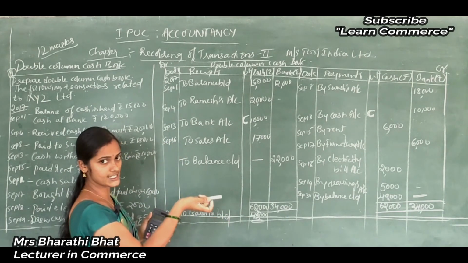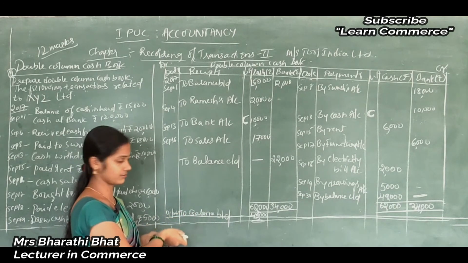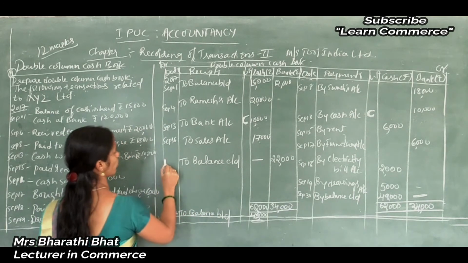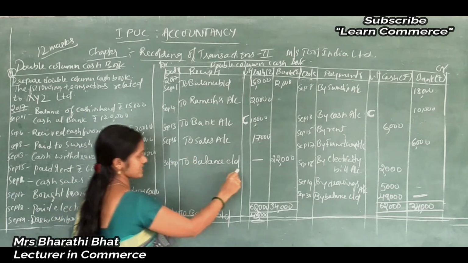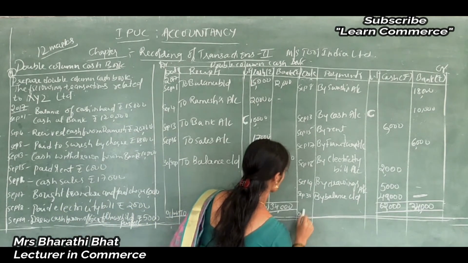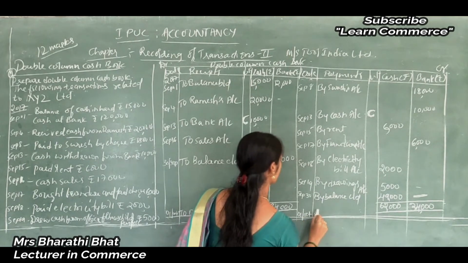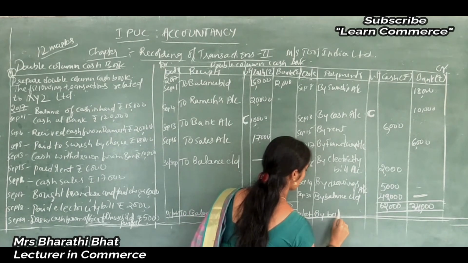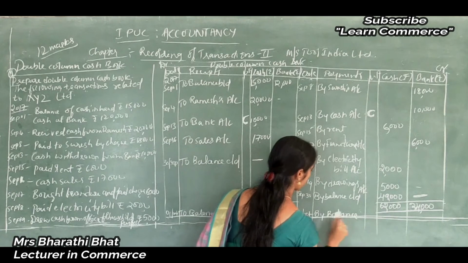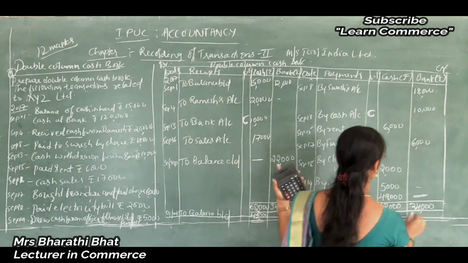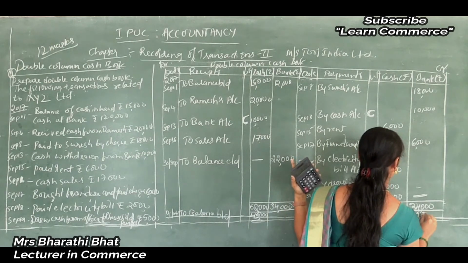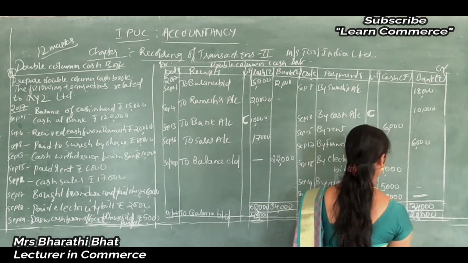Carried down on the credit side, then brought down opposite to that, under the debit side. So 30th September, to balance carried down, and 1st October, by balance brought down below the total, the amount in bank column 22,000, like this.